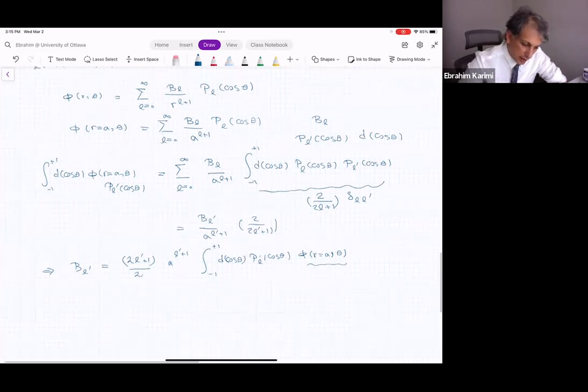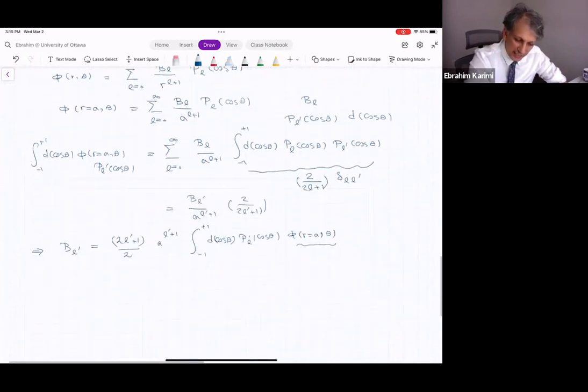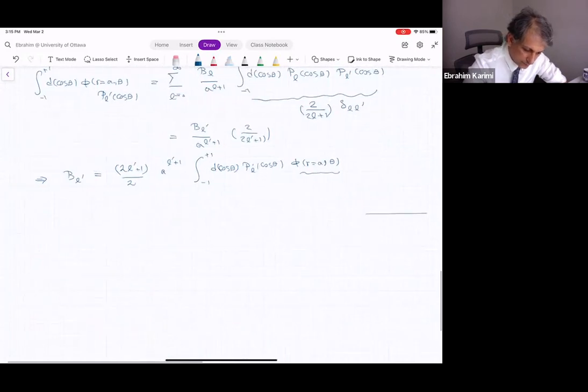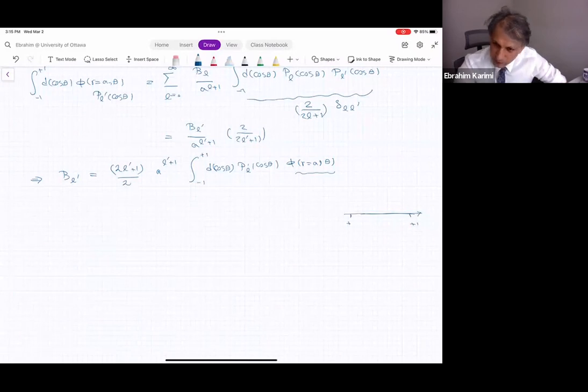The potential is positive V0 and negative V0 for the north and south hemispheres. So if you assume that this is the theta that you have, theta is changing from 0, which means that cosine of theta is changing from +1, and when theta is equal to pi, then cosine of theta will be -1, right?